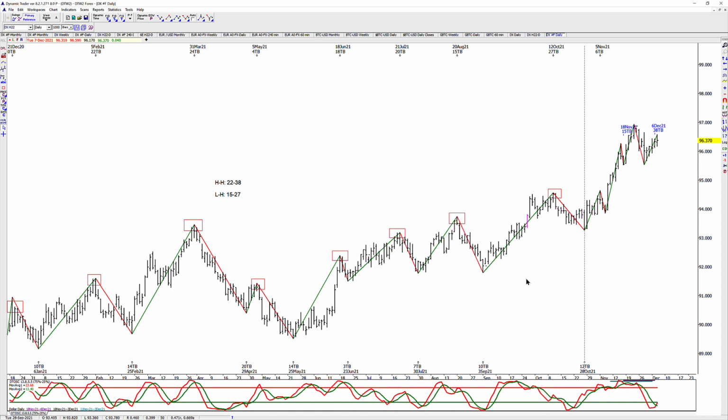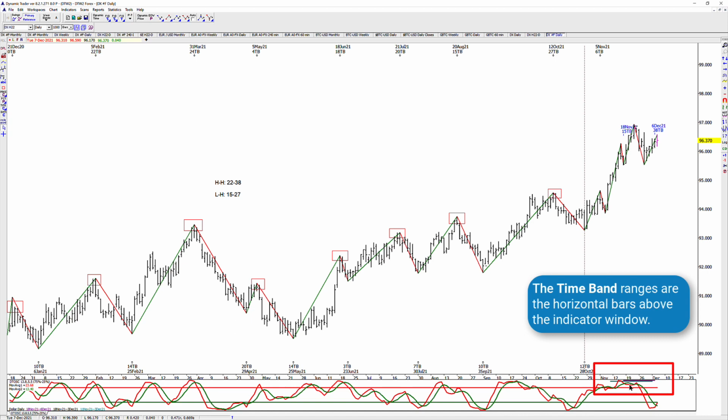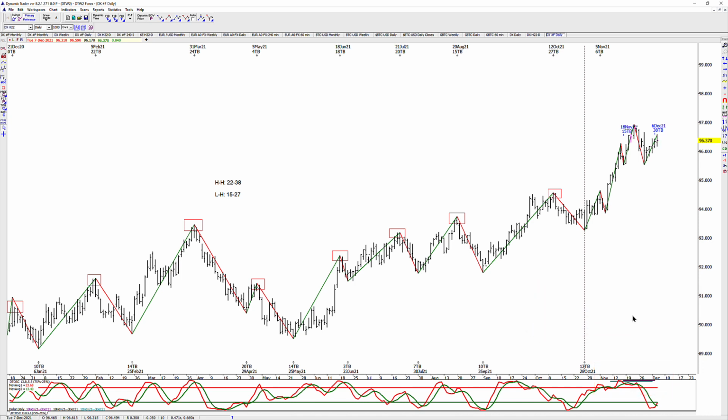So it's displayed in two different ways. This is the time band right in here, and this has the high to high and the low to high ranges, and then it shows the overlap of those two ranges. So basically, as the market progresses, we can see when we've reached the overlap period, and then we can see if the indicator is making any kind of reversal within that overlap period once it's reached.